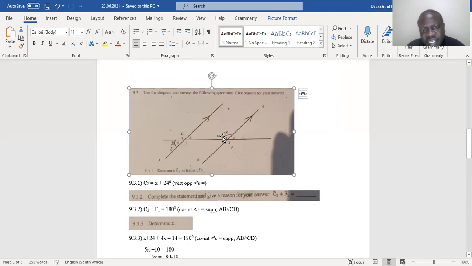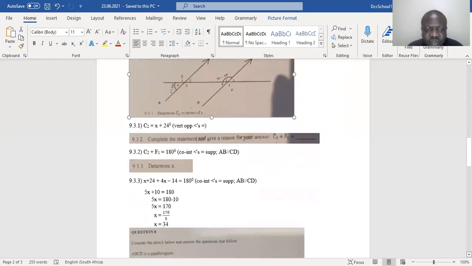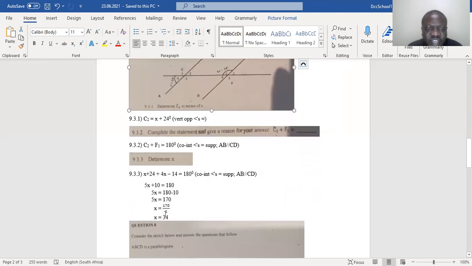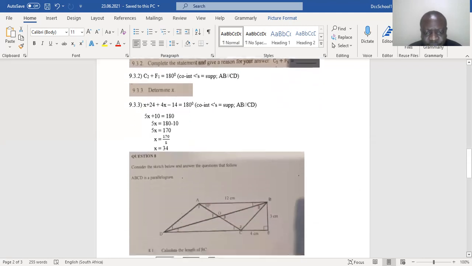And co-interior angles are supplementary. That means they add up to 180. So if you want to solve for x, you can formulate an equation in terms of x, and you say it is equal to 180, and you follow the equation solving techniques to find the value of x. So you can also conclude that C2 plus F1 is equal to 180 because co-interior angles add up to 180.